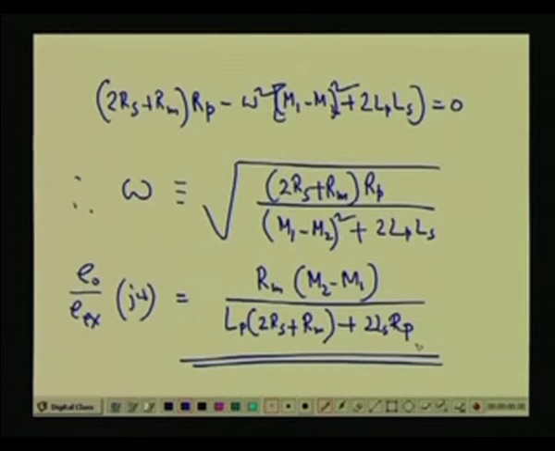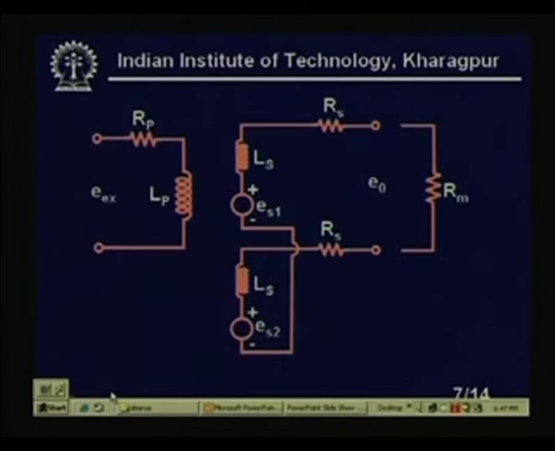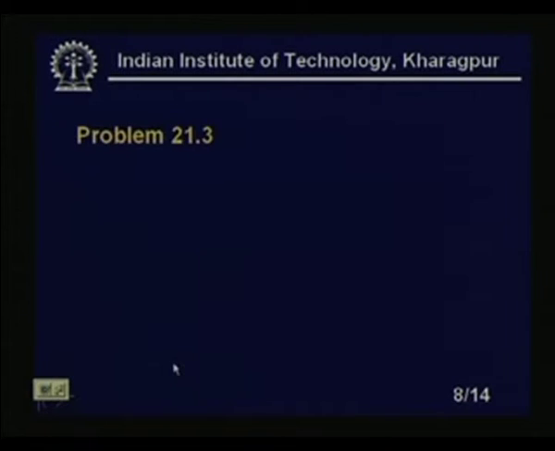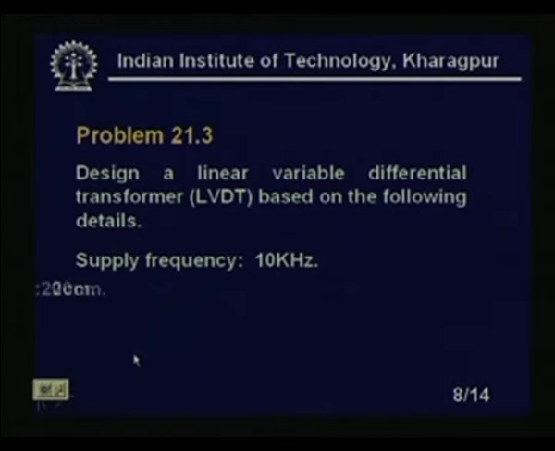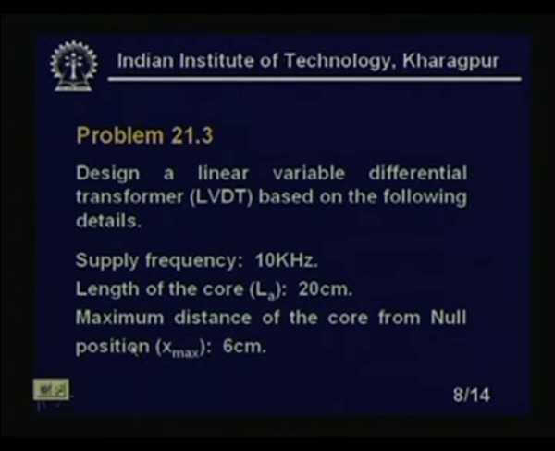Now, let us go to the problem number 20.3, right. Now, 21.3 I am sorry. Design a linear variable differential transformer LVDT based on the following details. Supply frequency is 10 kilohertz, length of the core LA should be 20 centimeter, maximum movement of the core from the null position is 6 centimeter.